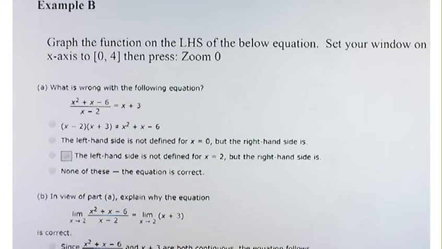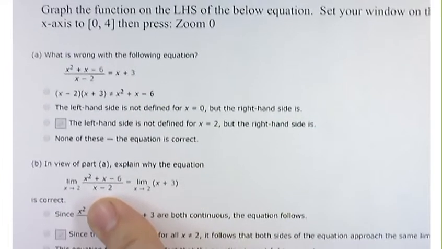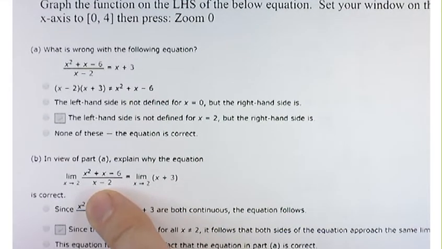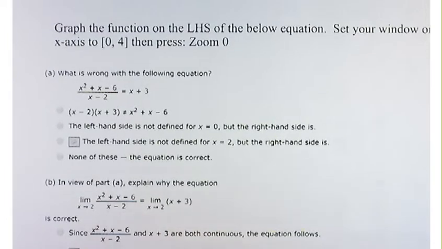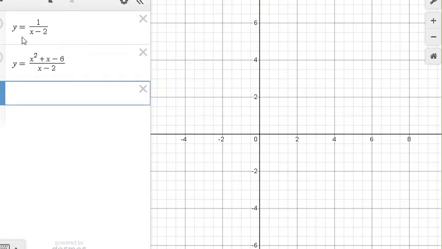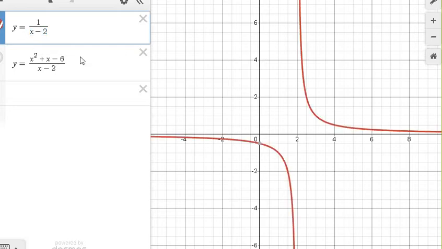So for instance, the next function I want to look at is this one. The limit as x approaches 2 of x squared plus x minus 6 over x minus 2. Now, the one thing that you might be familiar with from your algebra classes is that when you have a term in the denominator like x minus 2, you typically get this crazy behavior with a vertical asymptote, where to the right of it, it goes up towards positive infinity, to the left of it goes down towards negative infinity, or vice versa.